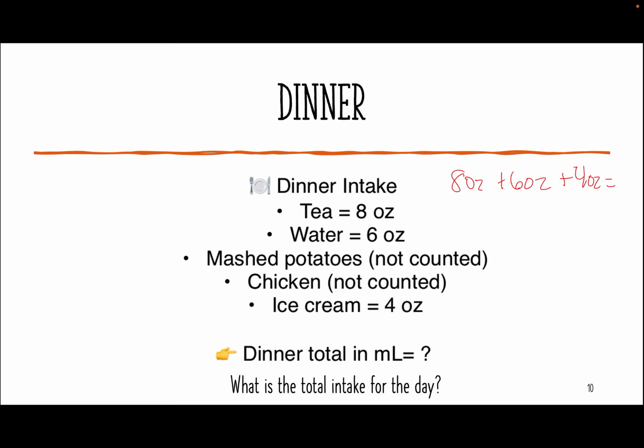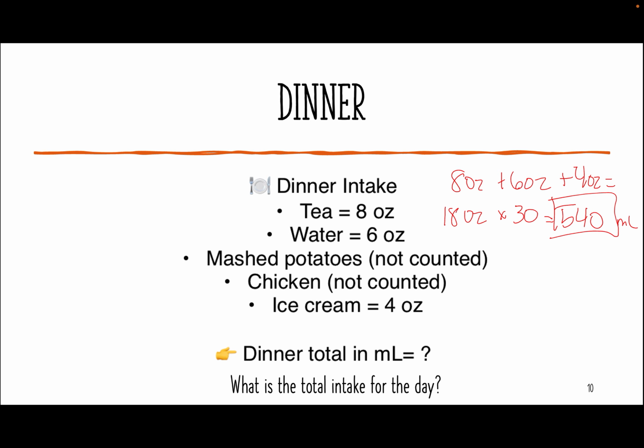Okay, so we get 18. So there's 18 ounces times 30, and we get 540. So your dinner was 540. That was mLs as well. Forgot to write that.